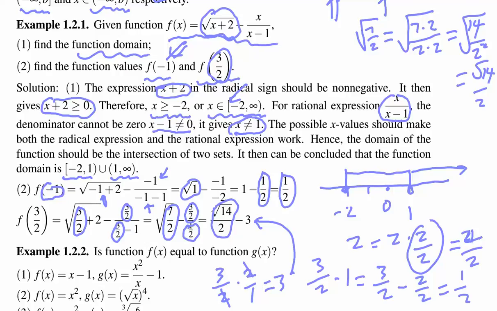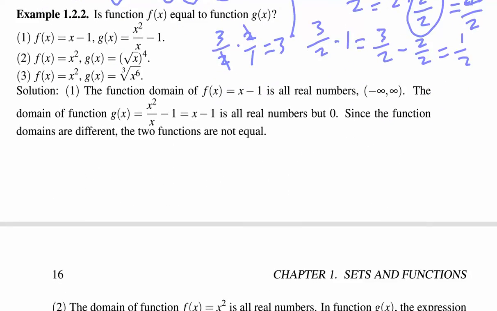We want to see the following example. In this example, we want to see if two equations, f and g, are equal. Of course, g has the expression x squared over x.